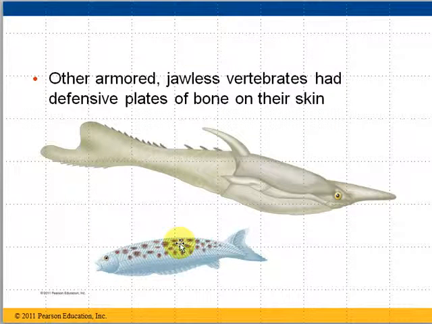Further creatures continued this trend of evolving hard, bony plates and skeletal systems. Other armored, jawless vertebrates had defensive plates of bone on their skin. So you started to see this evolutionary advantage of having a skeletal system, either bony outer coverings, armor coverings, or an internal system that provided for better movement and provided protection for a more complex nervous system.